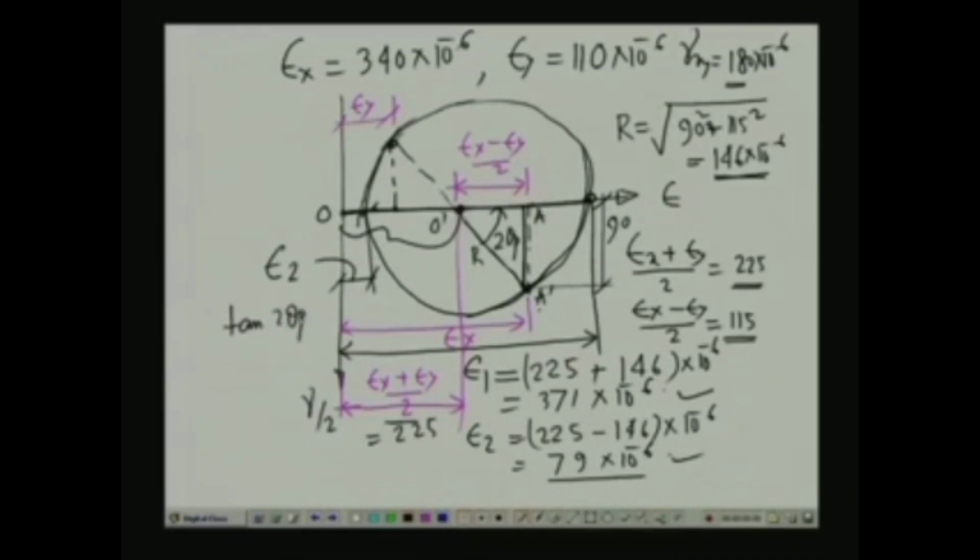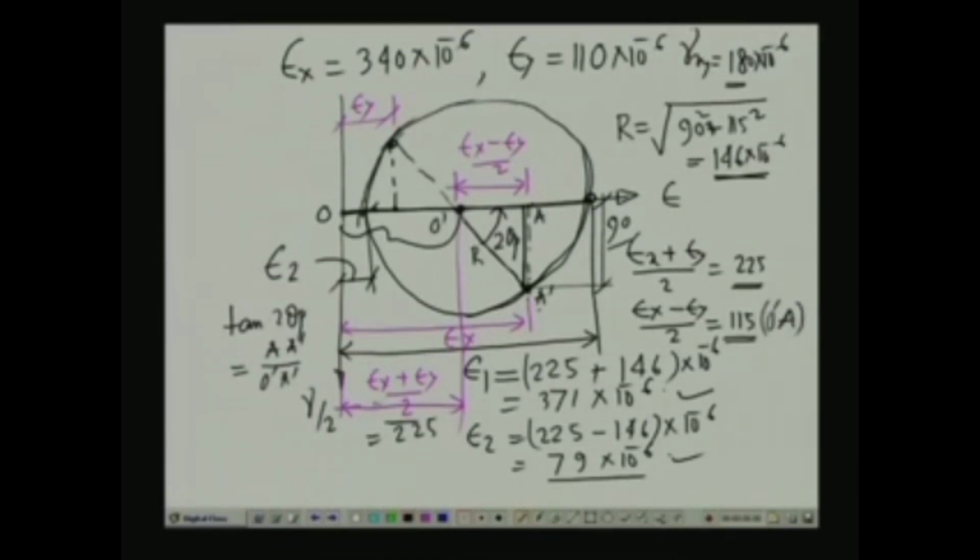Tan 2 theta p is equal to A dash by O dash A, and that gives us a value where A dash is equal to 90 and O dash A is equal to 115.